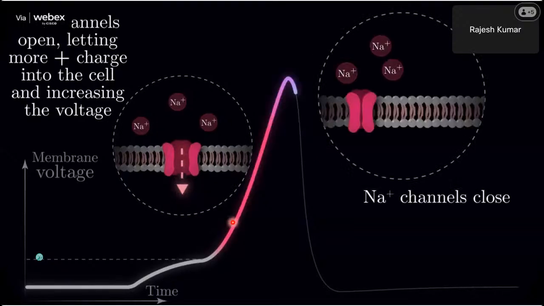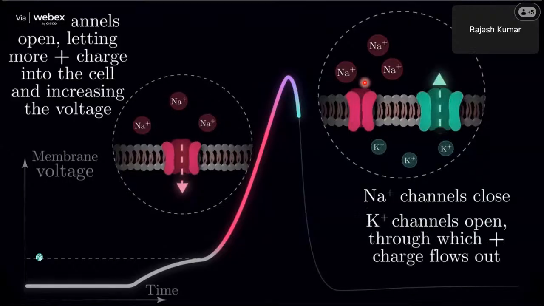Once it goes up to a certain point, then it closes. So once it closes, this part is closed here. That means no sodium ions are coming in, and then the potassium channel opens at this place.